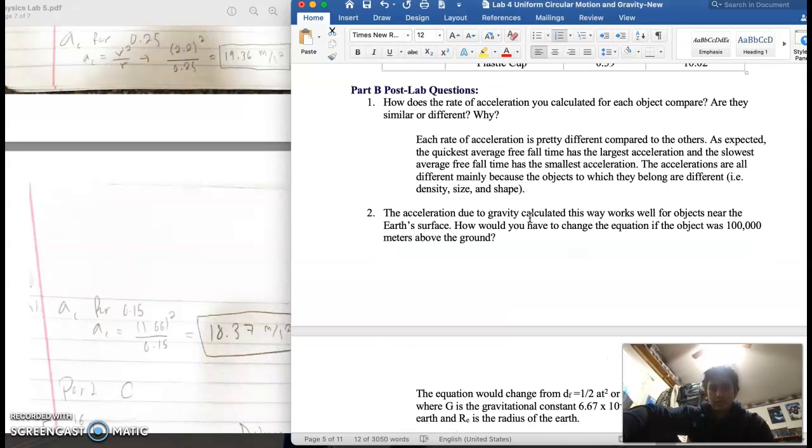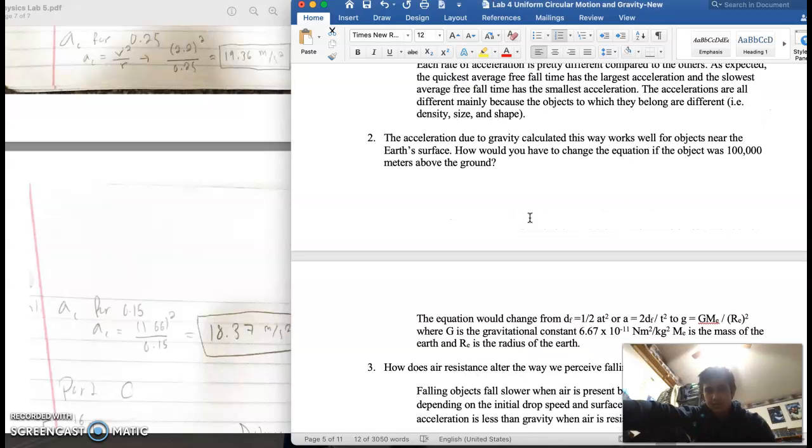For post questions, part B, each rate of acceleration is pretty different compared to the others, mainly due to the difference in shape, size, and density of the objects I chose, making their acceleration expectedly different.